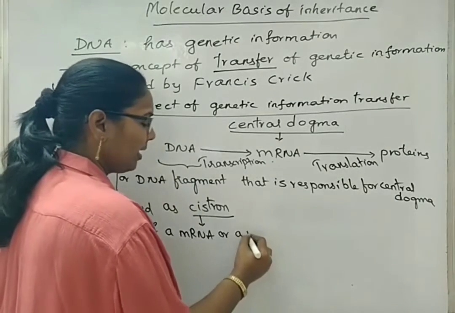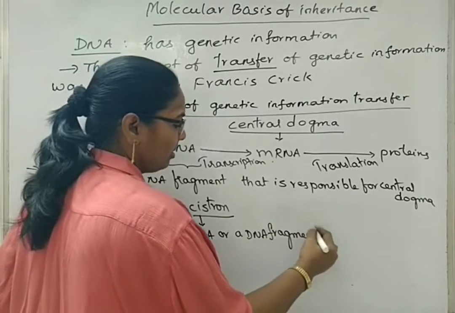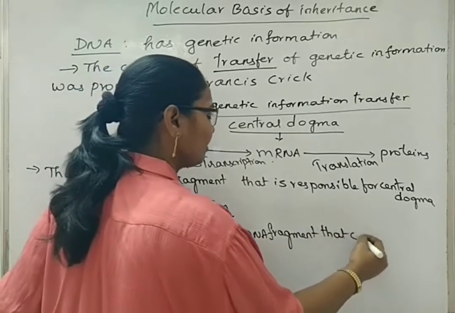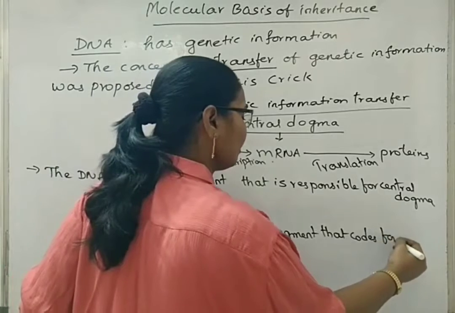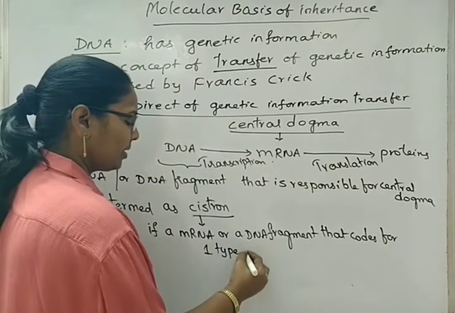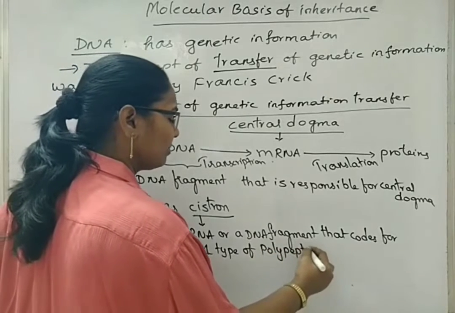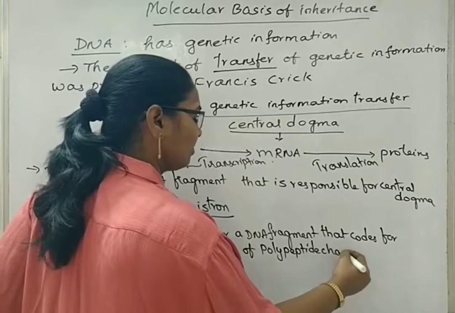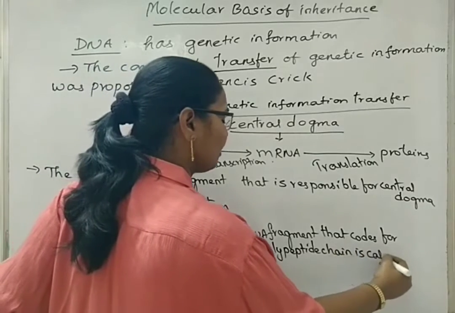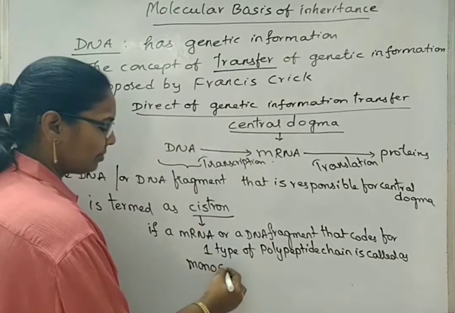Or a DNA fragment that codes for one type or one number of polypeptide chain is called monocistronic.